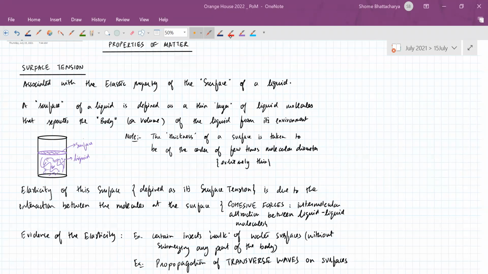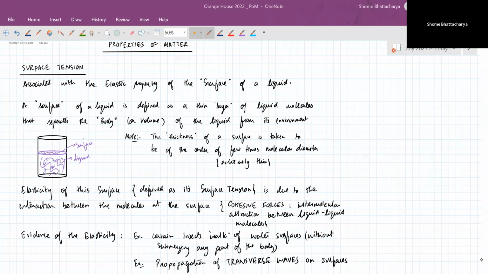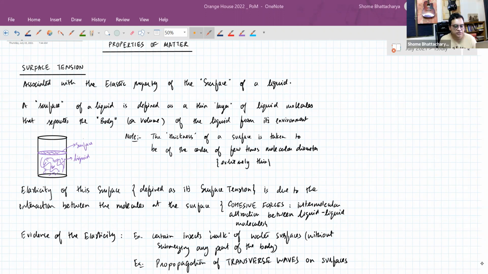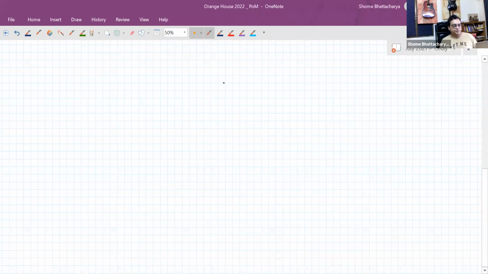Okay, so done with this. So now having understood the basic idea of surface tension, let's come to the definition of surface tension as a physical quantity.